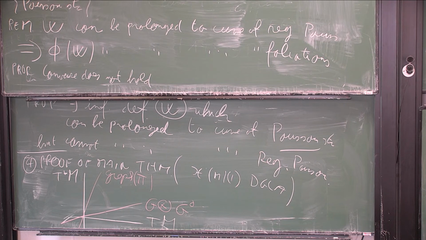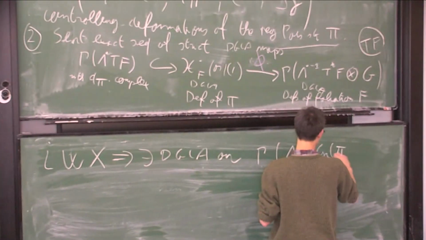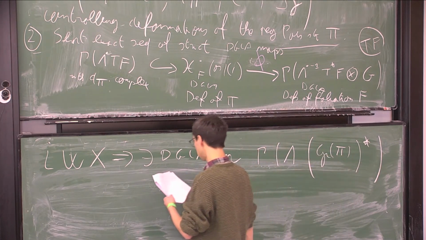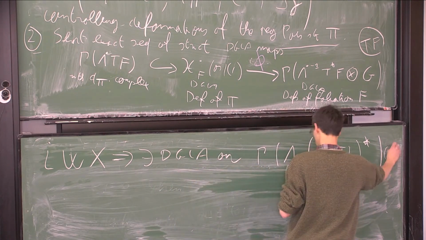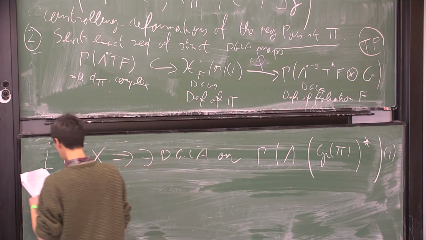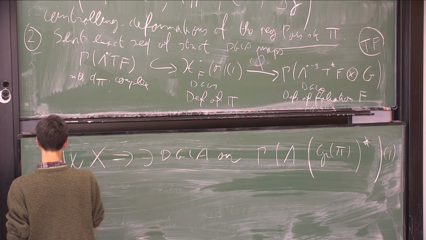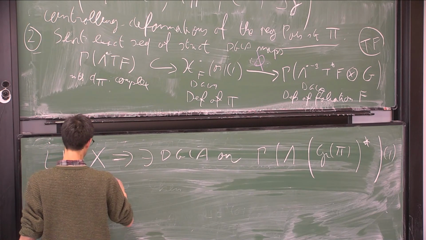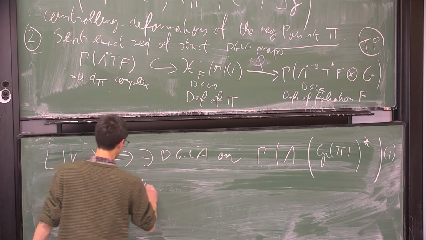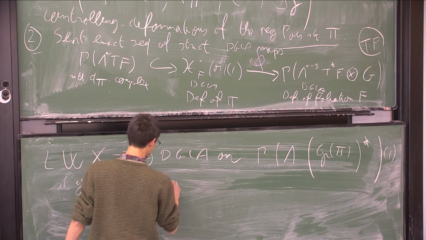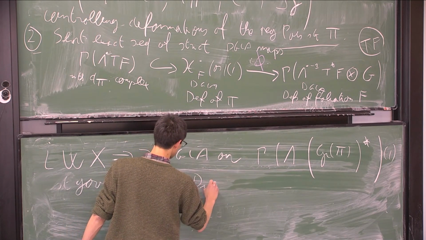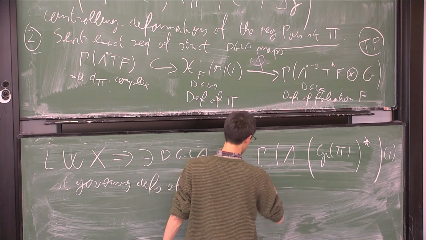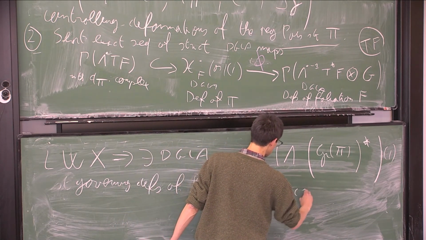So this is my Dirac structure, dual. Well, okay, there is a degree shift, never mind. Let me just write: governing deformations of the graph of phi as the Dirac structure.